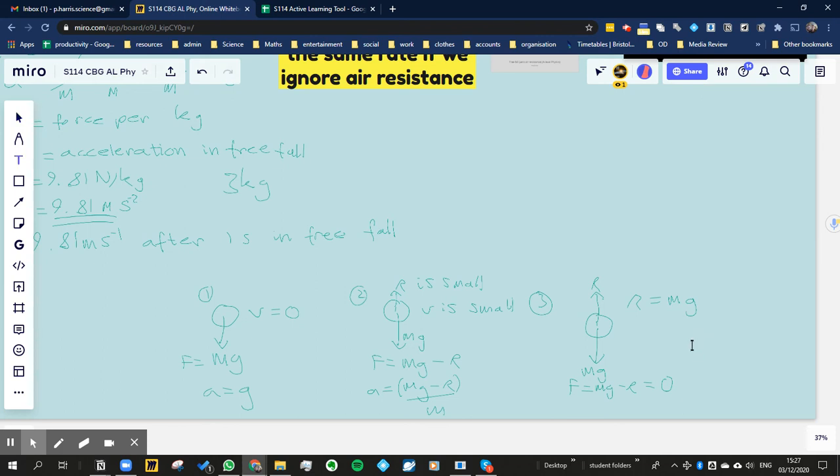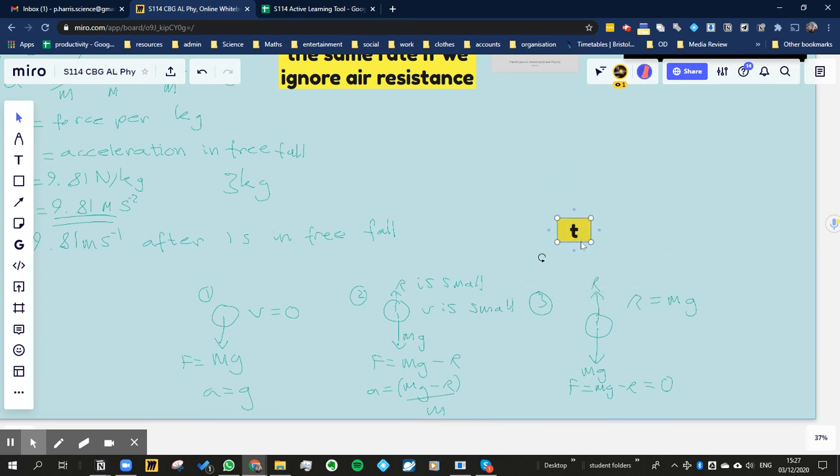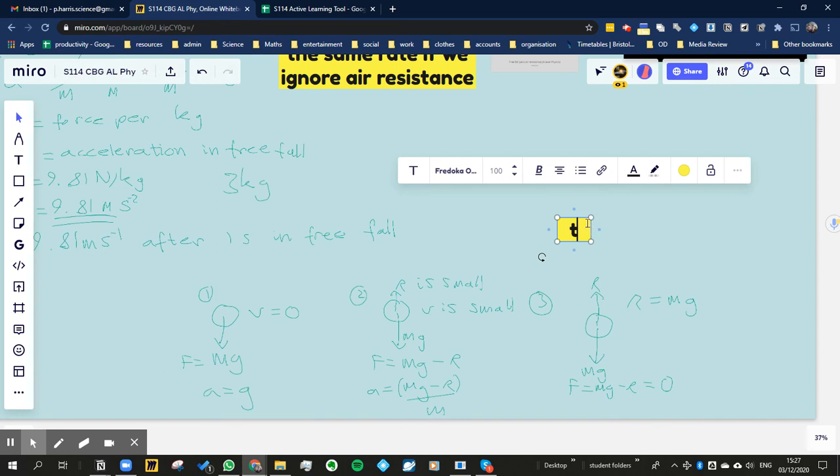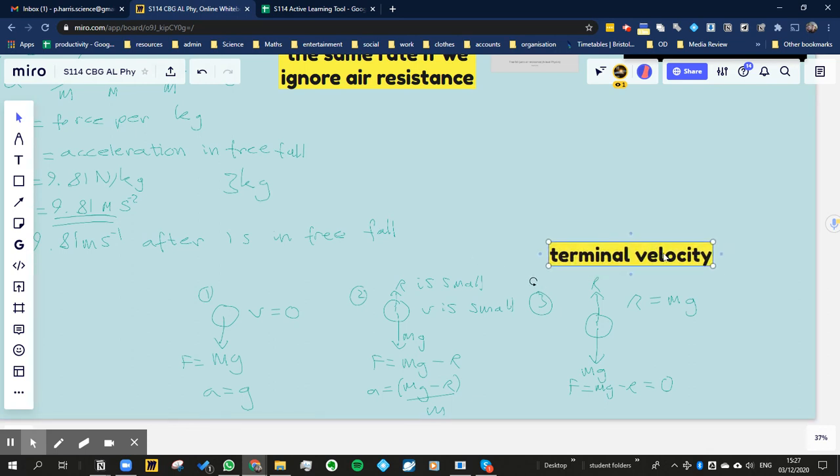As you're getting faster and faster, the air resistance is increasing. So we end up at a maximum speed or maximum velocity called terminal velocity, or terminal speed. And that would be dependent on the surface area of the thing that's moving.